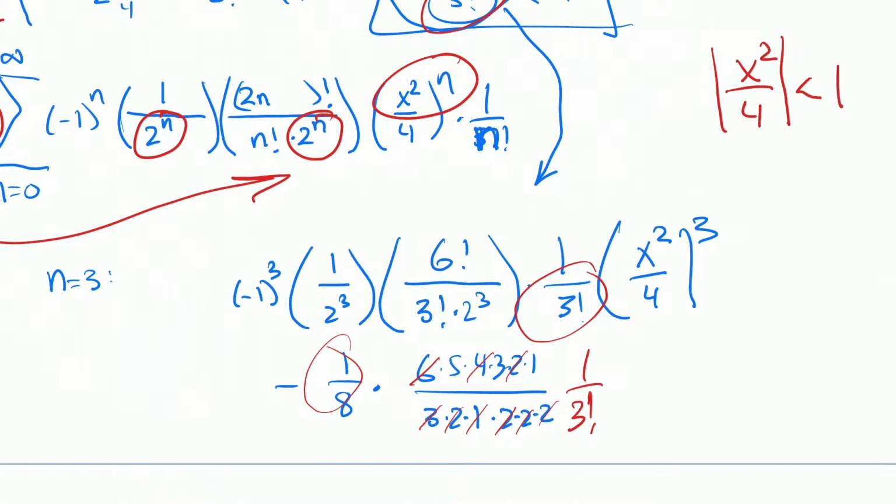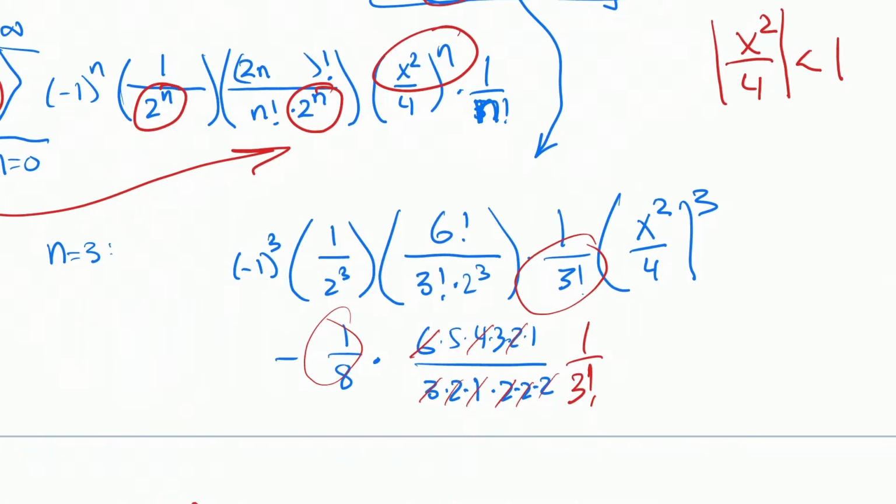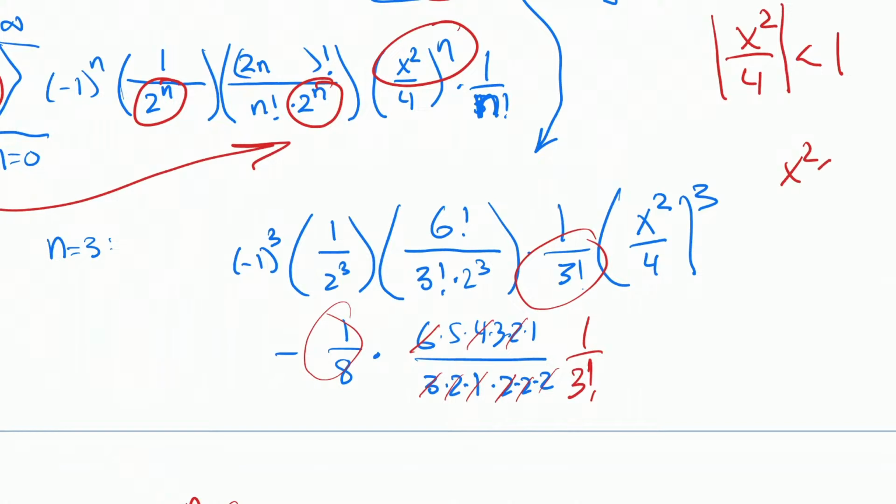It's similar to your geometric power series. And so you would solve this. X squared is less than 1, or 2, sorry. I know it's 4. I'm getting ahead of myself. So between 2 and -2 is where x squared will be less than 4. So that would be radius is 2.